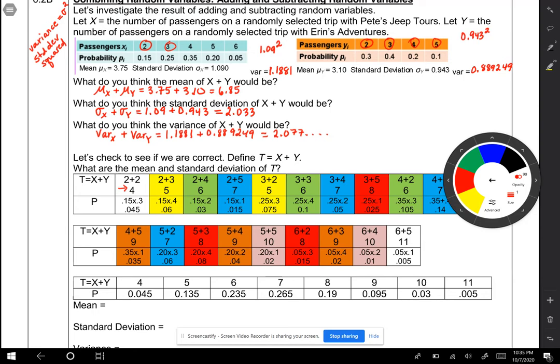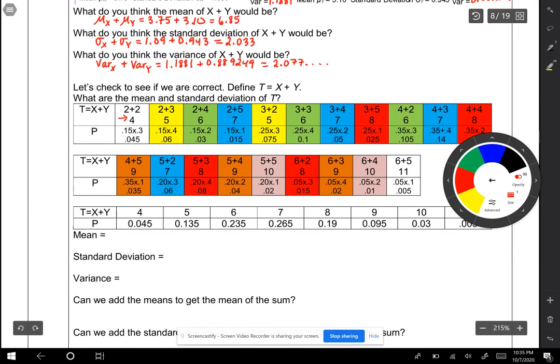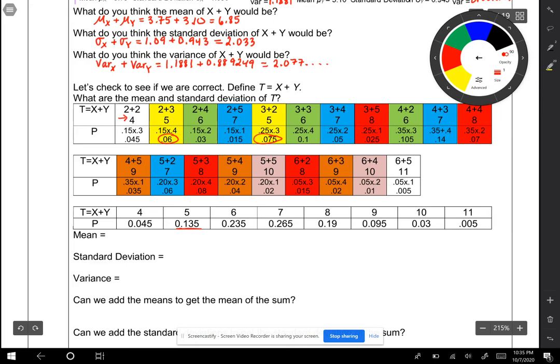You multiply the probabilities to get each individual one, but then you add those to get the total right there. The last table is the nicer table because you have anywhere from 4 to 11 passengers, and the total probability adds up to 1. The one before it just tells you where I got the bottom numbers.